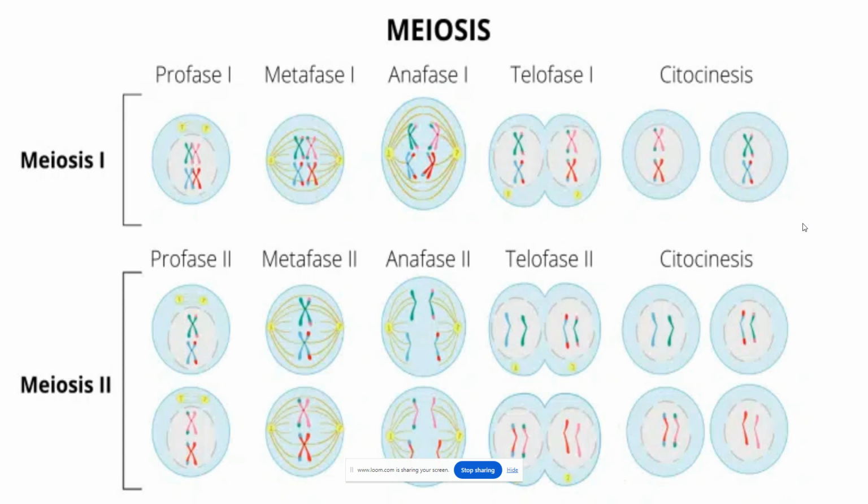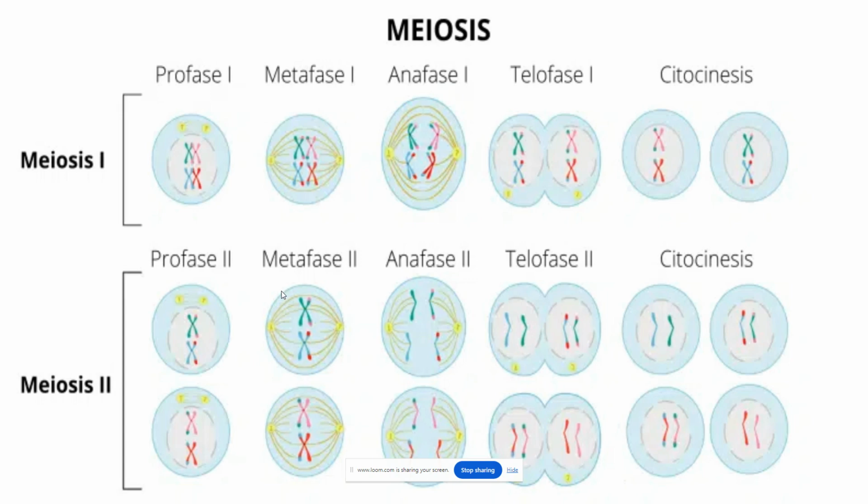In meiosis 2, the sister chromatids are parted, and this similarly occurs in mitosis. We then move to prophase. In this prophase, the chromosomes are condensed once more, then similarly into metaphase and anaphase.